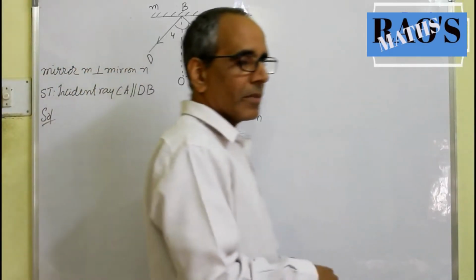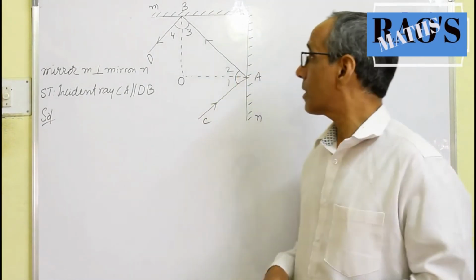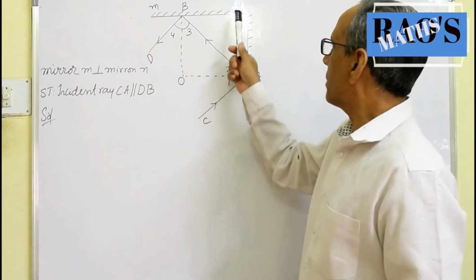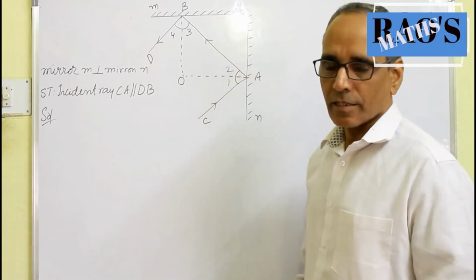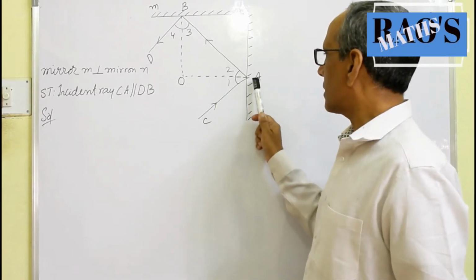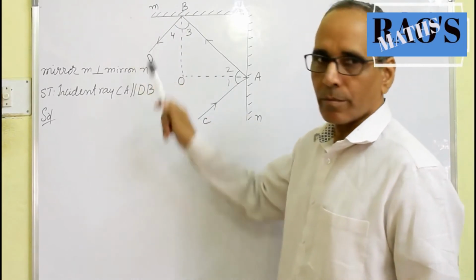Here is the question. In this question, two plane mirrors are arranged perpendicularly. See, these are the plane mirrors M and N arranged perpendicularly. That means here 90 degrees. And the light ray is projected on mirror N. It is reflected to mirror M and also reflected back.